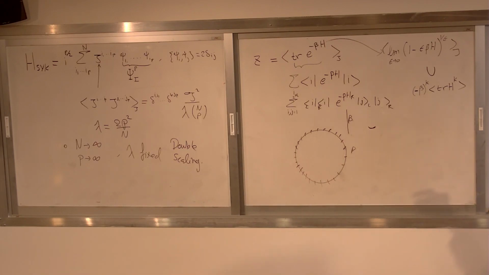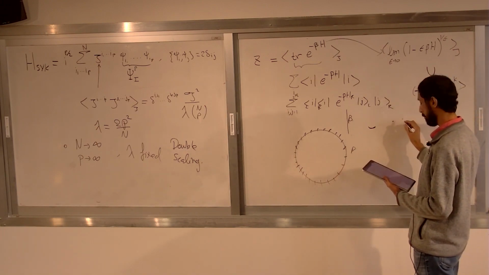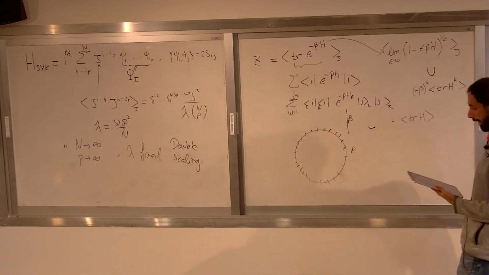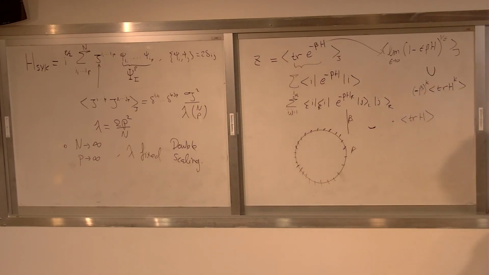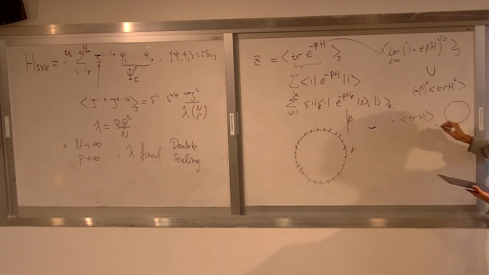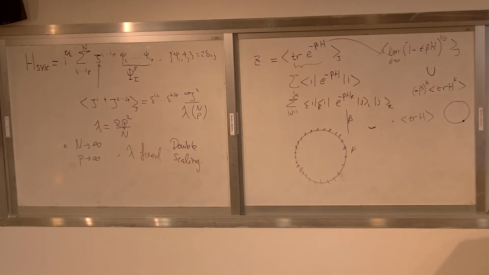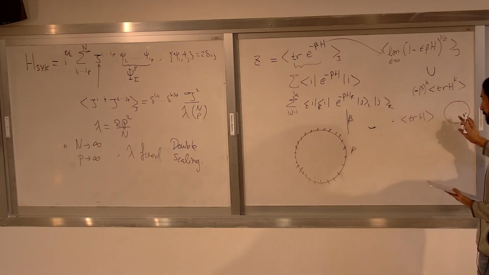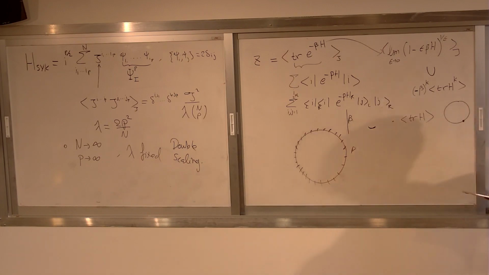Now let's go through the process of calculating this quantity for different k's. The first example to consider is just trace h, the case of k equals 1. In this case, the diagram looks something like this: here's my circle, and somewhere around the circle I have the insertion of 1 Hamiltonian. This might be a little bit confusing.